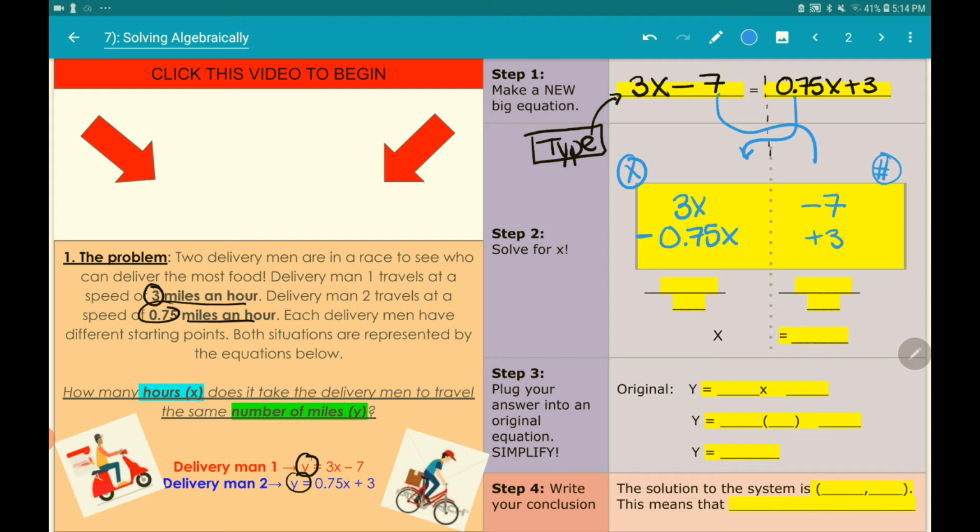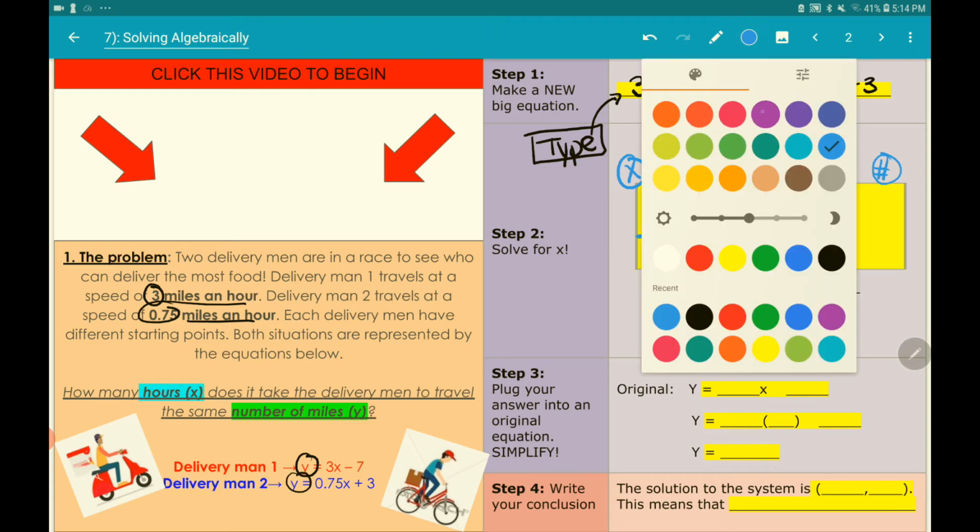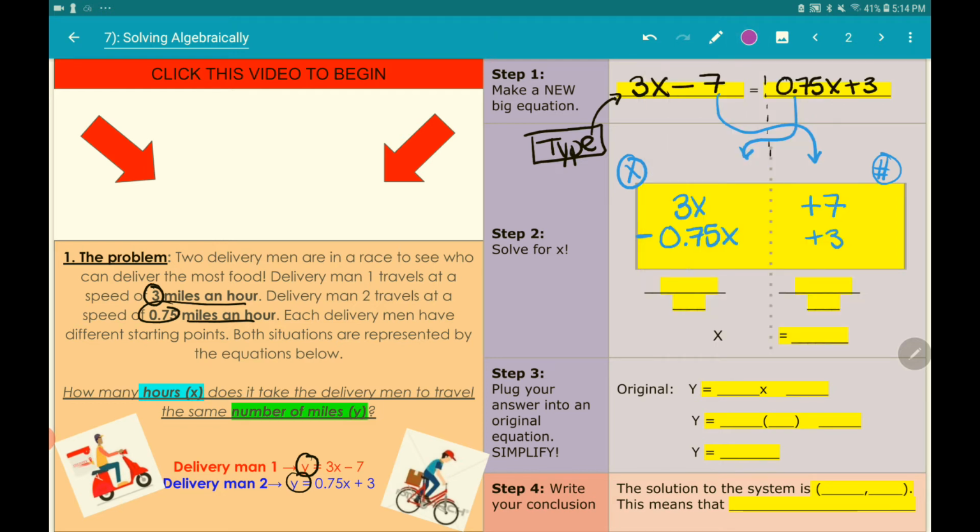That -7 crossed over, so it needs to be changed to a +7. Now, I go ahead and use my calculator. When I do that, I get 2.25x, and on this side, I get 10.